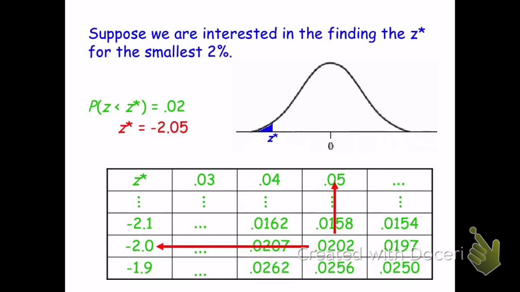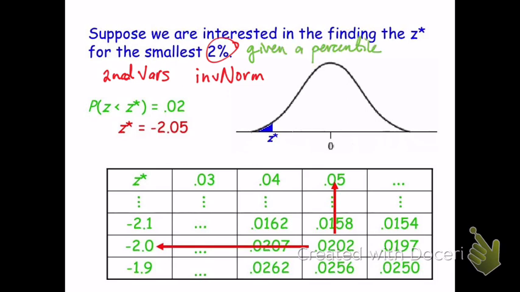I'm going to go to second vars, and I'm going to go to inverse norm. You use inverse norm when they give a percentile, so when you're given a percentile and it's asking for a value.